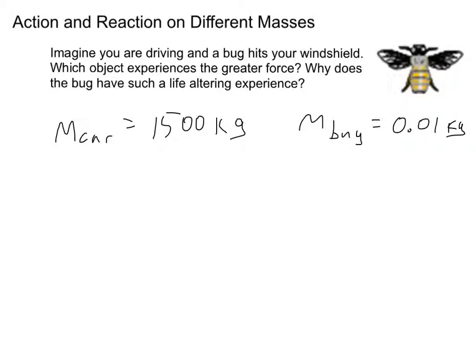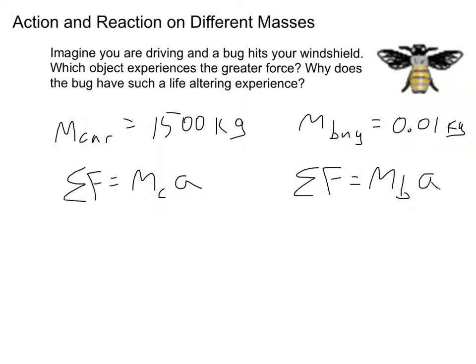Now, Newton's second law tells us that the net force for each of these objects is equal to its mass times acceleration. So this is the mass of the car times its acceleration. This is the mass of the bug times its acceleration.